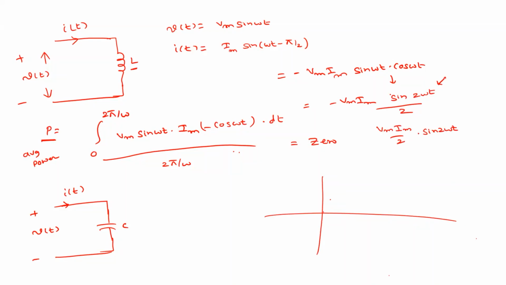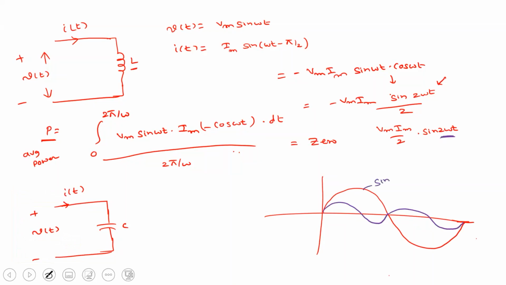If this is the voltage waveform, then this power will look like this. This is how we represent 2 omega t. If this is sine omega t, this will be sine 2 omega t. This is 50 Hz, so this will be 100 Hz.